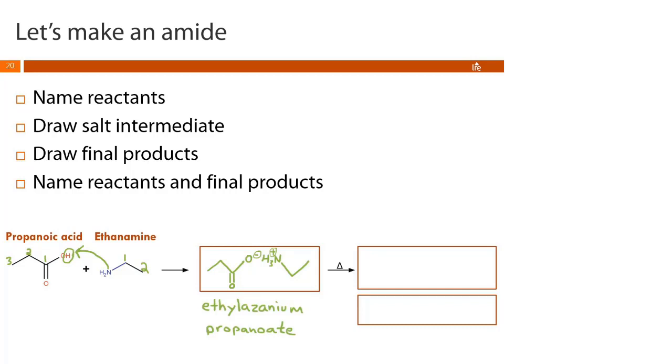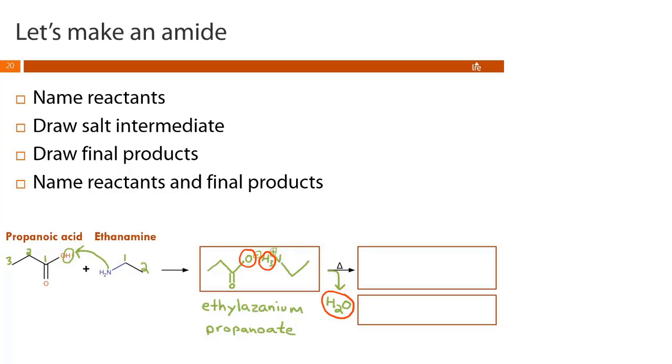So remember, when we heat this, we're going to drive out the water. All right, so we're going to circle on our ethylazanium propanoate where the water molecule came from. So the O is going to come from our propanoate, and the two H's are going to come from our ethylazanium. And we're just going to join everything that's left of our salt together to form an amide.